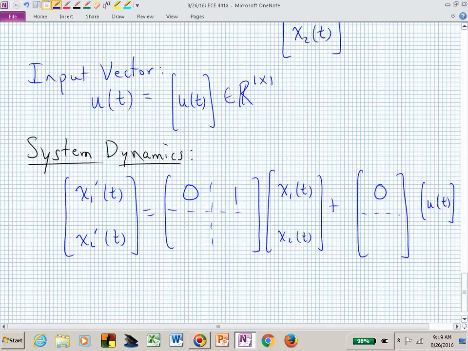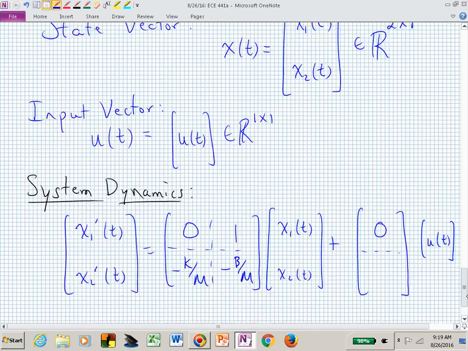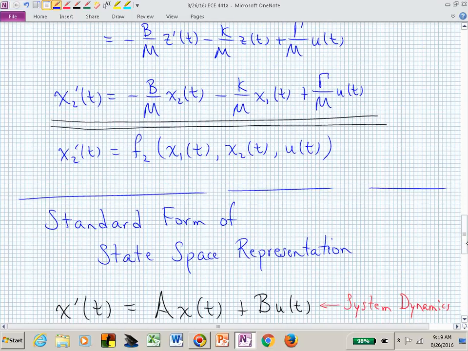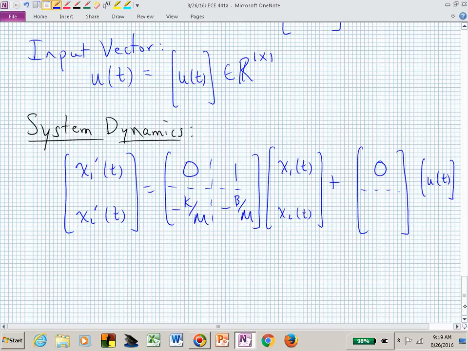In the 2-1 entry or the 2-2 entry? 2-1, this is going to be minus k over m times x1, minus b over m times x2, plus the coefficient that scales u, which is gamma over m, and that will be in the 2-1 entry of the input matrix.